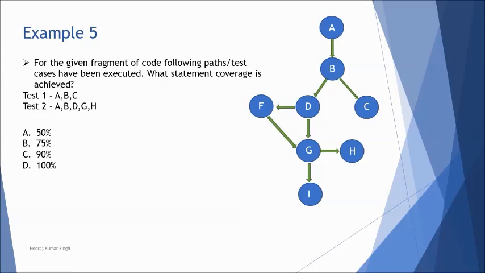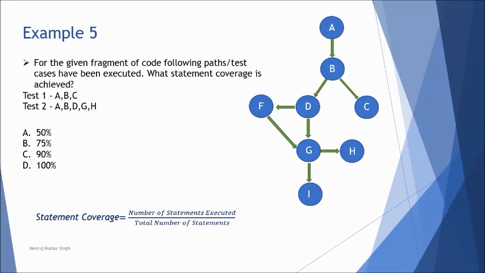So here, the general formula to measure this is: statement coverage is equal to the number of statements executed by the test divided by the total number of statements in the program or the control flow diagram. Now if you count the number of statements, I have 1, 2, 3, 4, 5, 6, 7, 8.